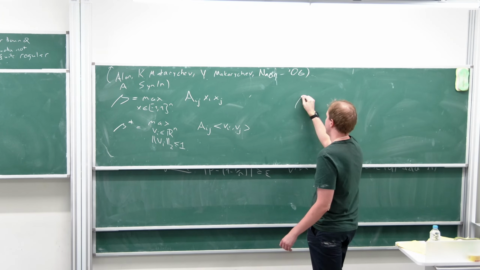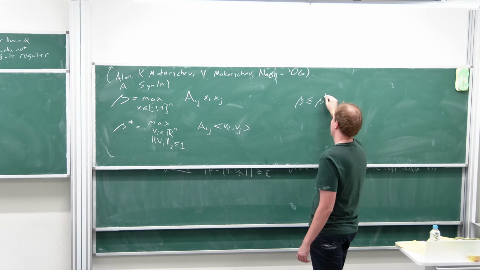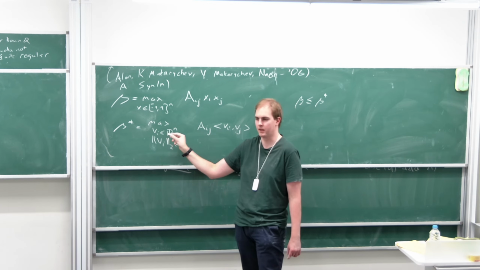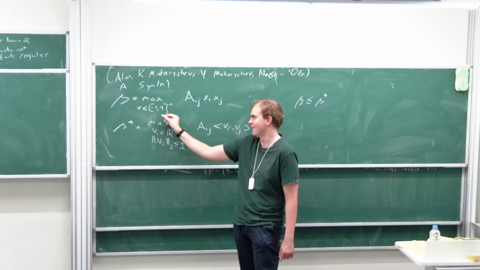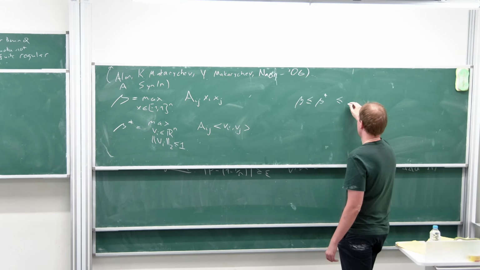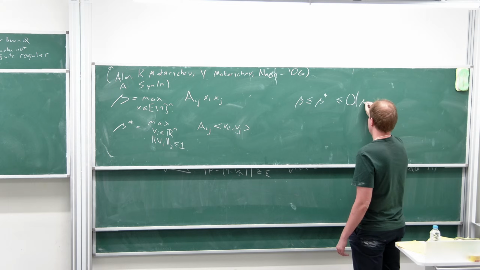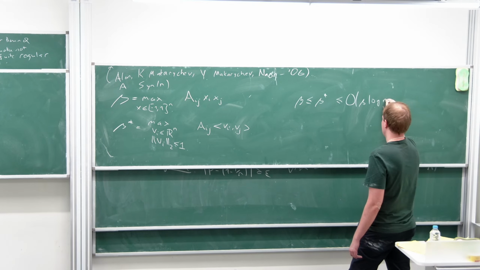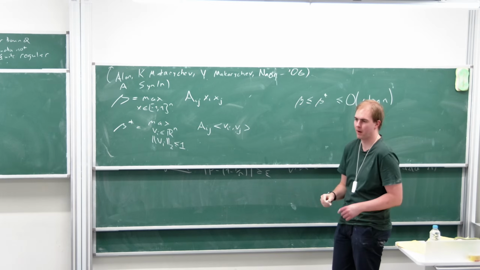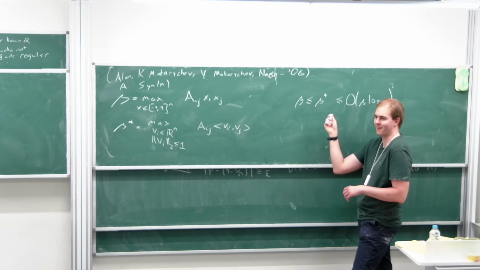Then we trivially have that beta star is at least beta, because we could pick all of these vectors to be one-dimensional, with the first coordinate being x_i. But the crucial part is that beta is lower bounded by a constant times beta star divided by log n.